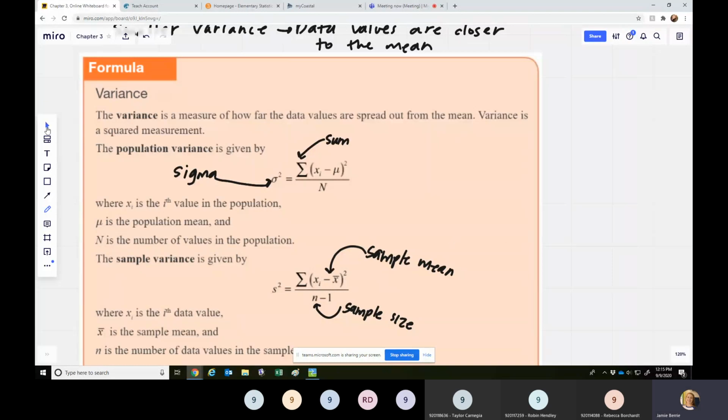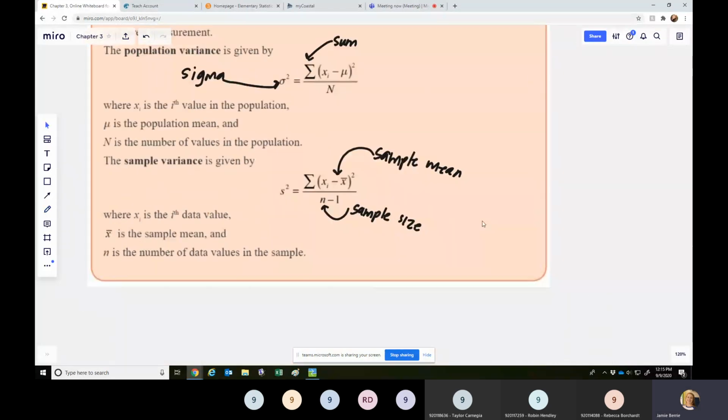So it's not important that you know why we divide by n minus 1, but if you are interested, I could show you some really cool proofs of why the variance has this denominator of n minus 1.